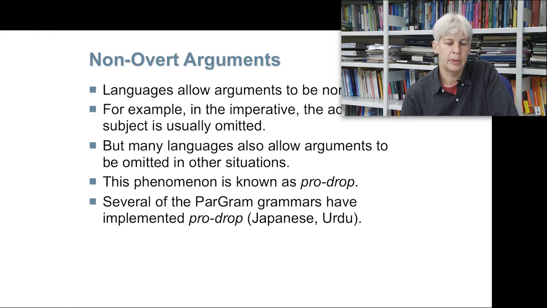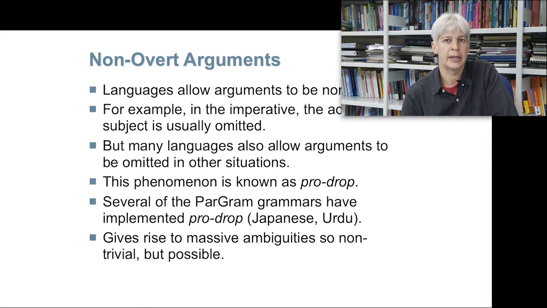This is a challenge for grammar engineering, but it is a challenge that has been dealt with. The problem is that once you allow empty arguments to happen, the grammar gives rise to massive ambiguities, and then you have to go around and constrain them. It's non-trivial, but it is possible. And the Japanese grammar, which was built by Fuji Xerox, is quite large, and it managed to do that quite well.